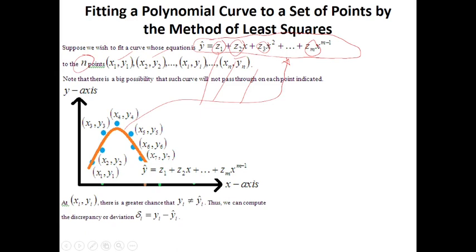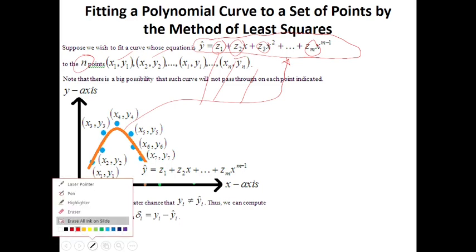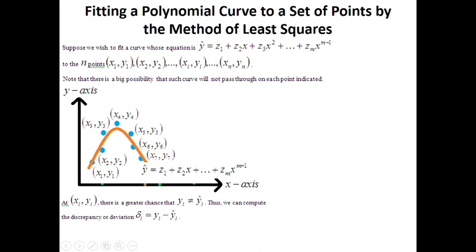At x sub i, y sub i, there is a greater chance that y sub i is not equal to y sub i hat. Thus, we can compute the discrepancy or deviation. As you notice here, for instance, let's consider i equals 1, or any point, let's say x sub 4.